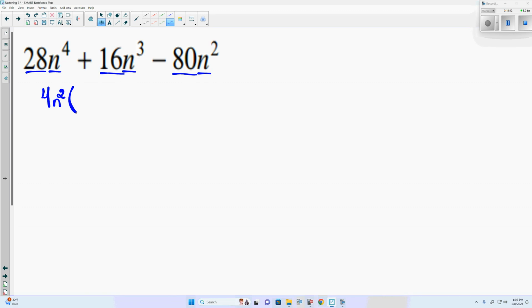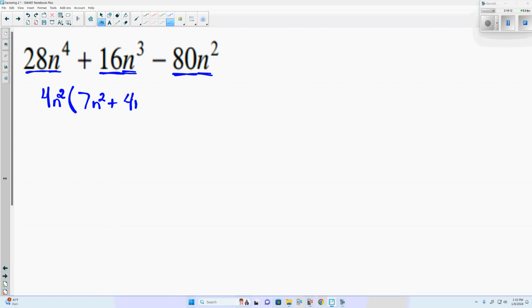Now, if we factor 4n squared out of each of these, 28 divided by 4 is 7. N to the fourth, if we remove an n squared from it, we're left with n squared, plus. We're going to factor 4n squared out of 16n cubed. 16 divided by 4 is 4.